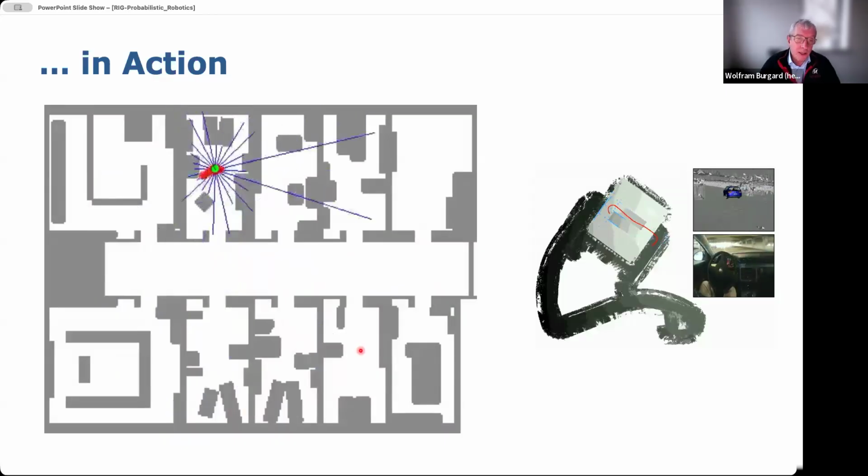So this is what these systems can do. It's a property that is hard to realize with other representations like Kalman filters, because the Gaussian representation doesn't allow multimodal beliefs in which you have a high uncertainty about where you actually are.